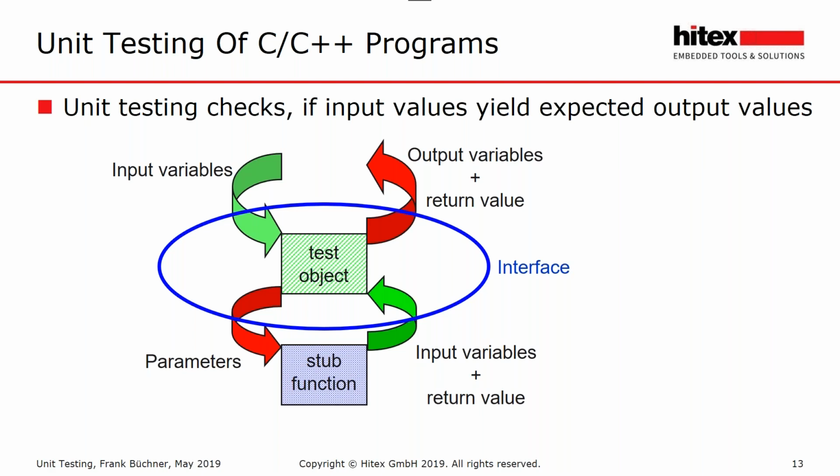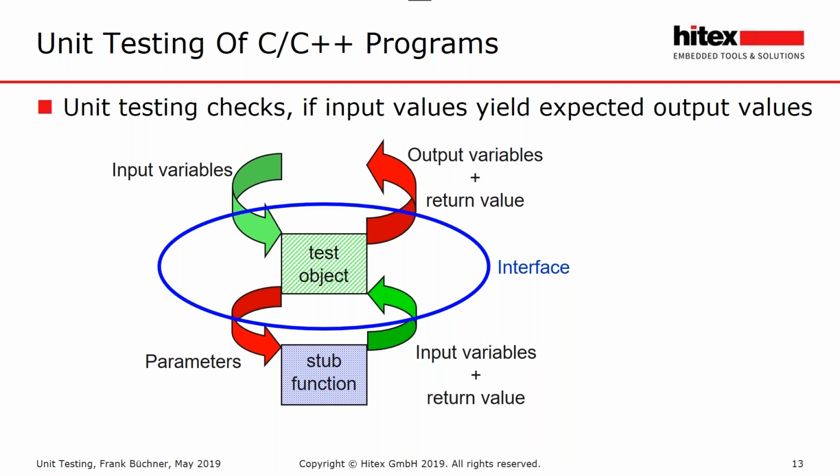If the test object has a return value, of course, the return value belongs to the output variables. And of course, a variable can be input and output. Think of a global variable that is incremented by the test object. First it is read by the test object, then it is incremented, and then it is written back. So it's input and output.